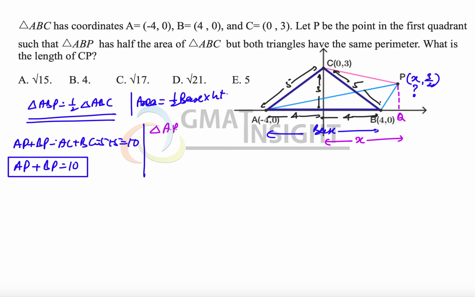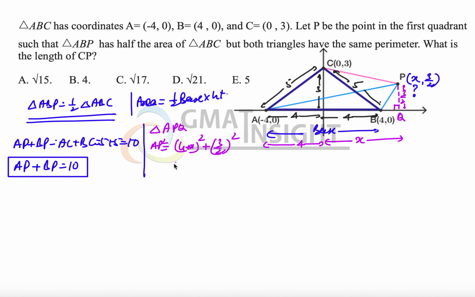In triangle APQ, which is a right angle triangle because PQ is perpendicular, we can see that AP square can be written as AQ square plus QP square, but AQ will be equal to 4 plus x. So I'm writing it as (4 plus x) square plus PQ square. PQ is equal to 3 by 2 because that is the y coordinate. So that is (3 by 2) square.